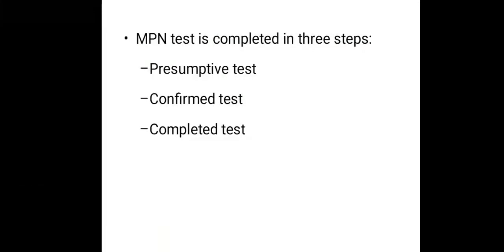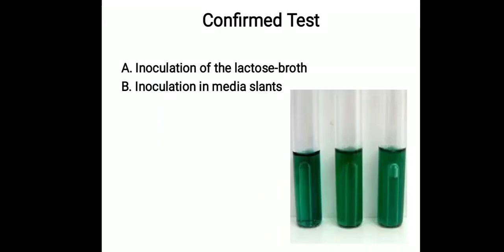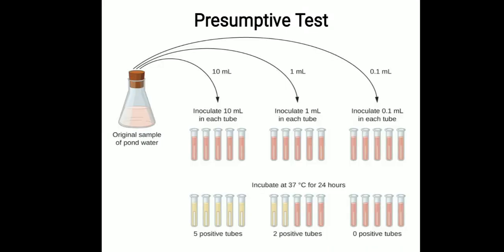In case it is positive, the formation of 10% gas or more in the Durham's tube within 24 to 48 hours, together with turbidity in the growth medium and the color change in the medium, constitutes a positive presumptive test for the coliform bacteria and hence the possibility of fecal pollution.